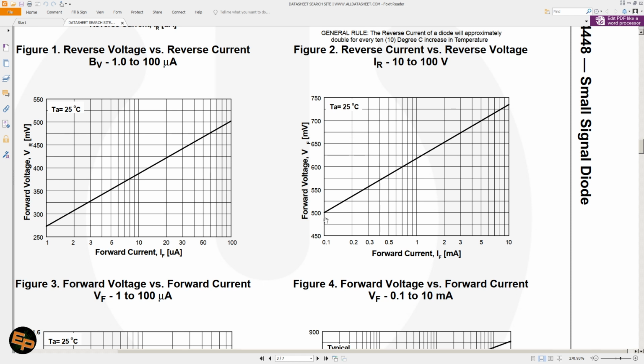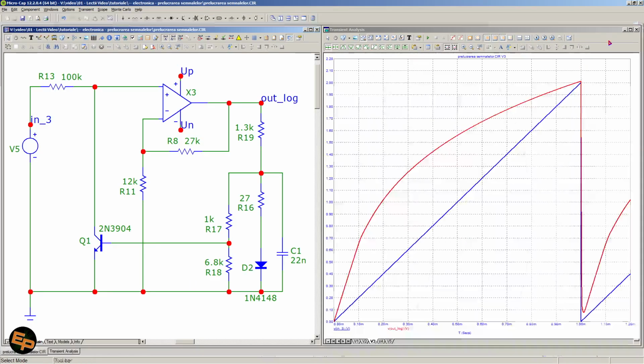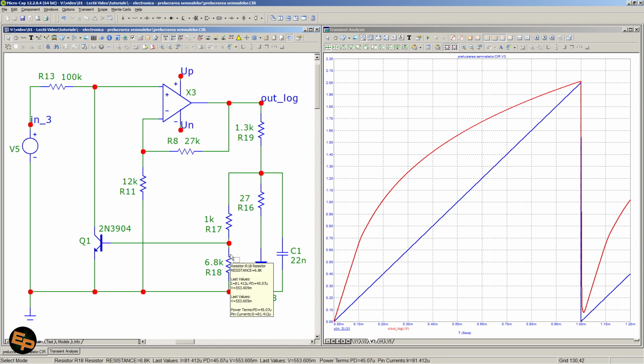If we inject a linear current into the diode, it will provide us with a logarithmic voltage across it. So essentially, in order to convert a linear signal into a logarithmic signal, I have used this particular characteristic of the rectifying diode to help me make this transition, this exchange.